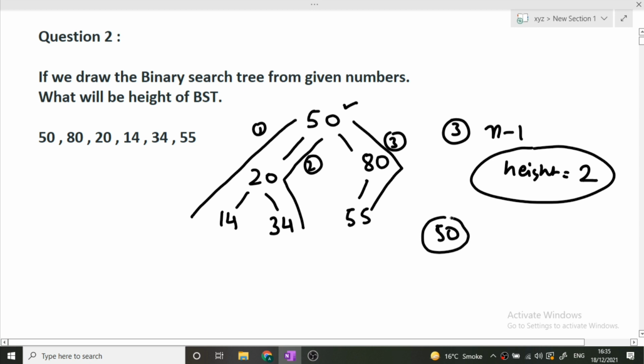So going by this logic, since a tree containing one node has height 0, a tree containing n nodes will have height n minus 1, that is 2. So I hope now the question is clear to you, and you will not make any errors in this question. So height of this BST will be 2.